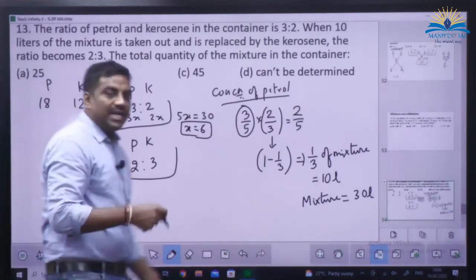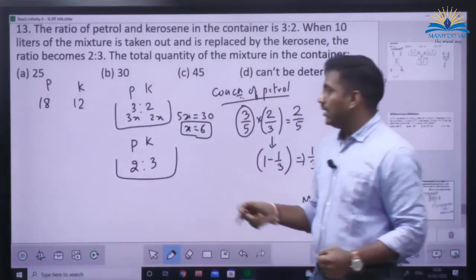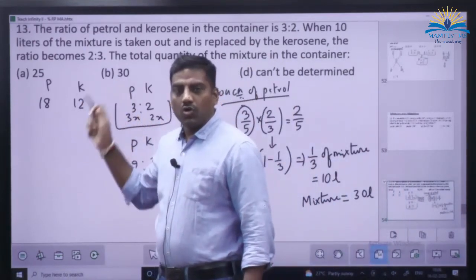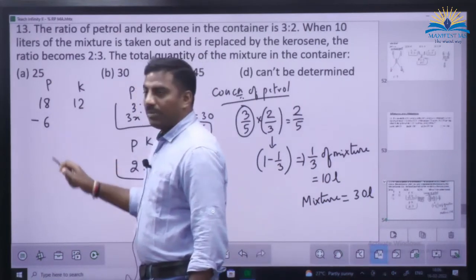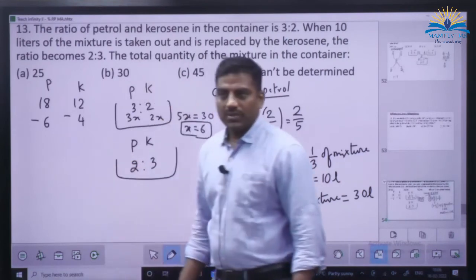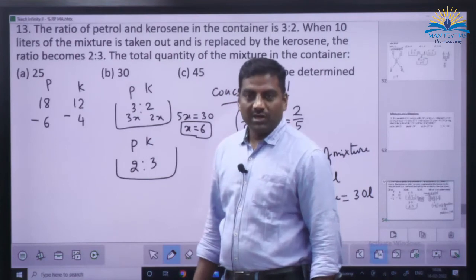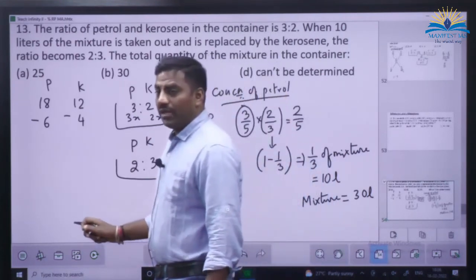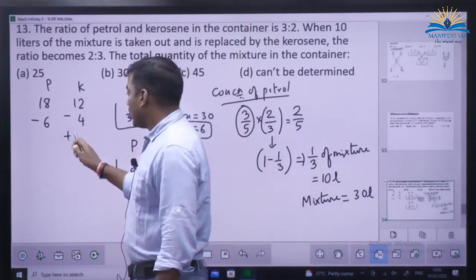When we take 10 liters out, proportionate liquids will go out, right? So here what will happen? 6 liters of petrol will go and 4 liters of kerosene will go. Okay, fine. Then we are adding 10 liters of kerosene.